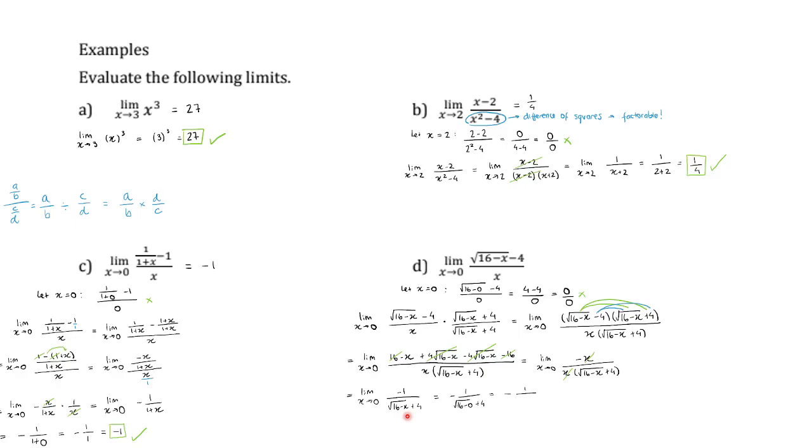So 4 plus 4 is equal to 8. And so we are going to have negative 1 over 8 as the limit of this expression. Okay, and so the limit as x approaches 0 of the square root of 16 minus x minus 4, all over x, is equal to negative 1 over 8.